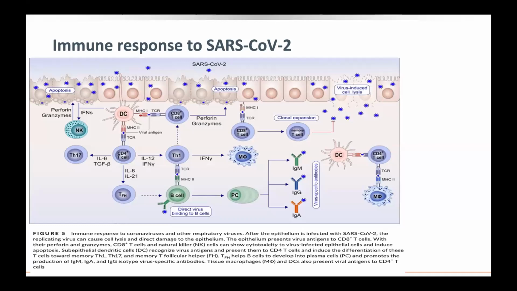And that presentation of the antigens to the various helper cells, like the CD4 helper cells, leads to activation of other cytokines like interleukin-6, interleukin-21 as well, interleukin-2. Those are pro-inflammatory cytokines, which lead to damage because of the hyper-inflammatory state the body finds itself in.